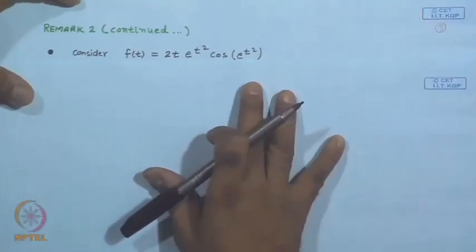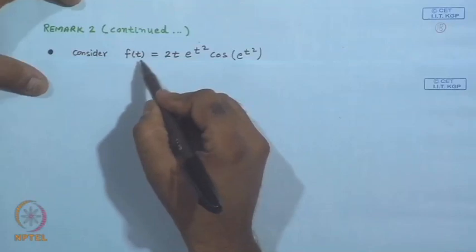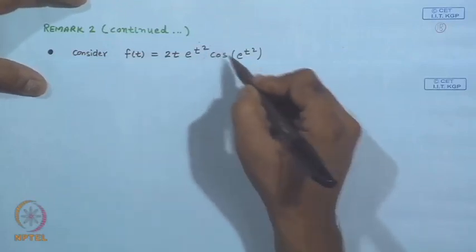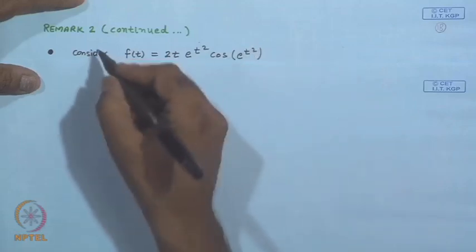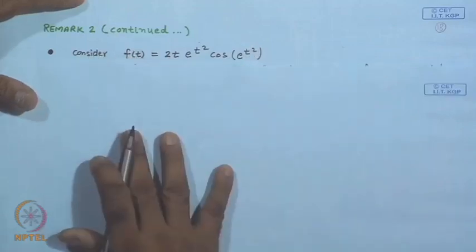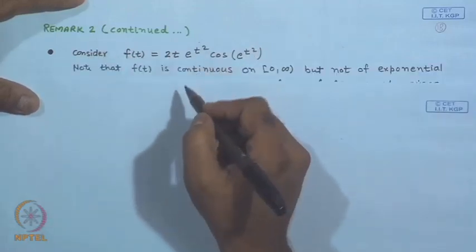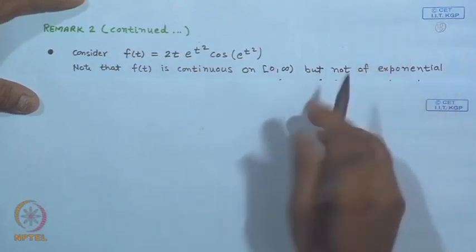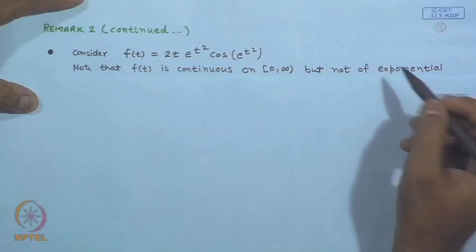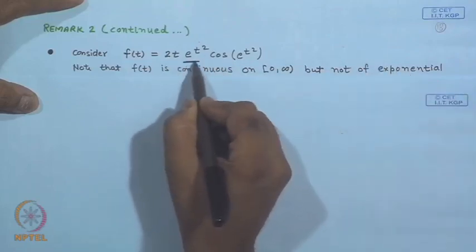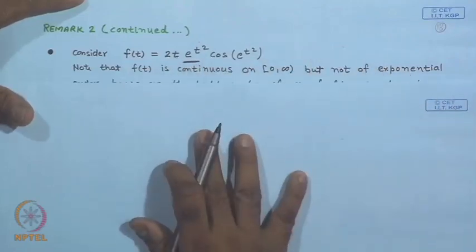The first one is the function f t equal to 2t e power t square cos e power t square. Let us consider this function and note that it is continuous on 0 to infinity, but not of exponential order, because e power t square is sitting there.